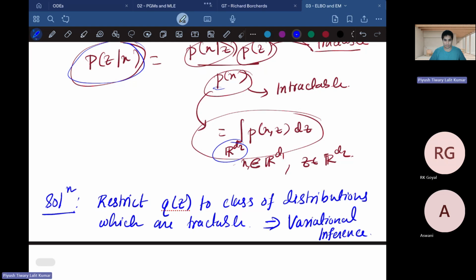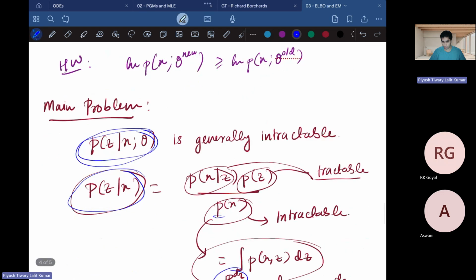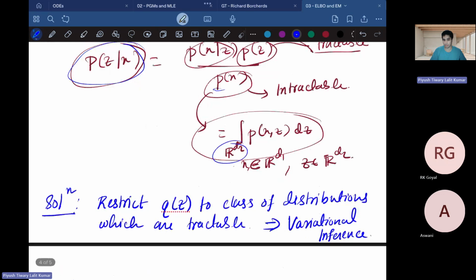What we are going to see next is perhaps why we introduced all that PGM, right? The whole idea of PGM that we used and did. We are going to take help from that to basically overcome this problem using variational inference. We will see that, yes.